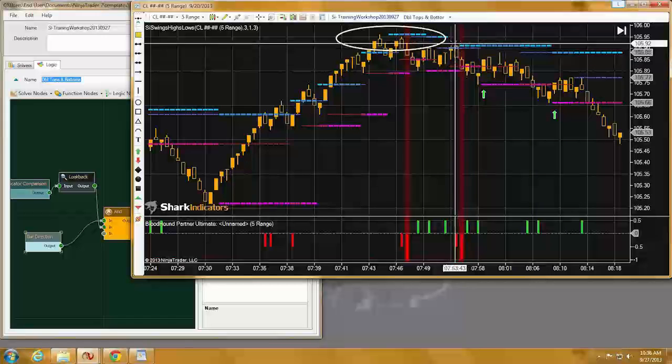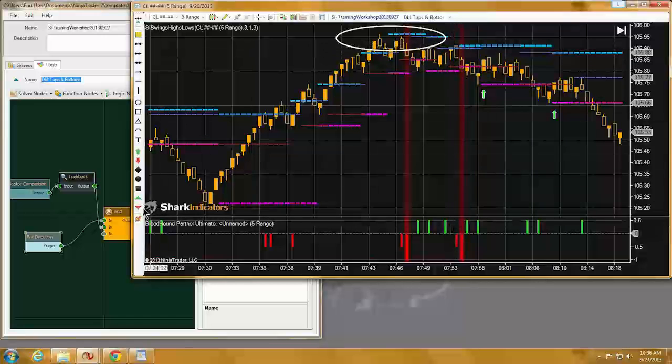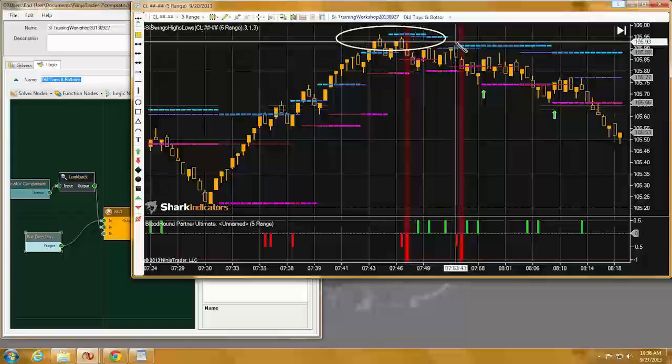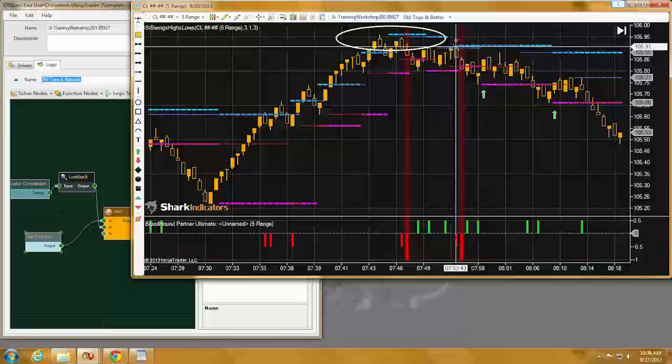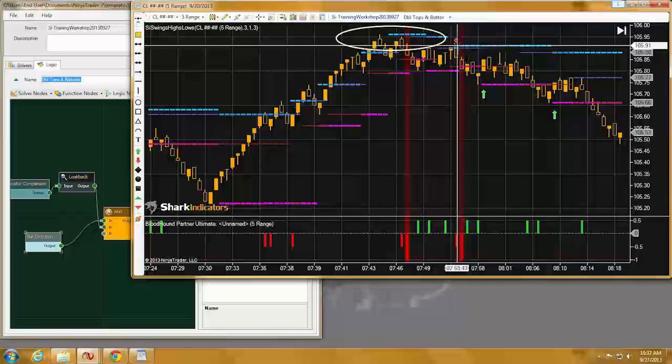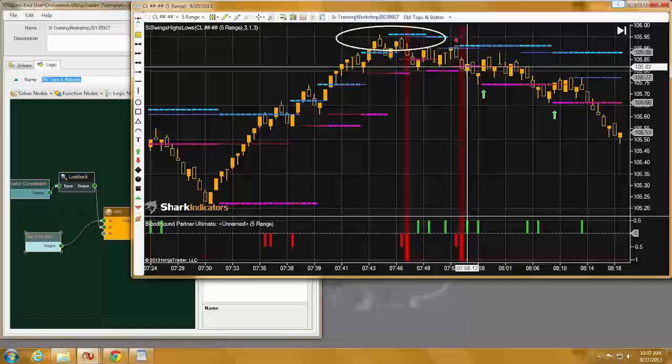So this, let me mark it here. So this high point here, let's see, it is the double top from, let's see, trying to figure out, I'm trying to figure out where the SiSwingsHighLows plot is coming from.